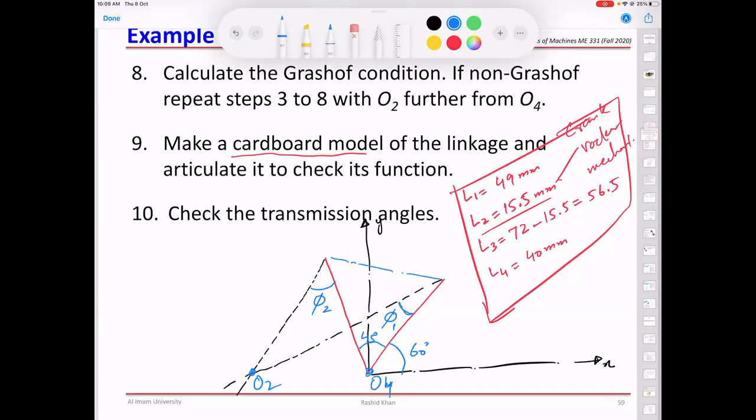How can we calculate it? This complete angle is 60 degrees, so this is 90 degrees.